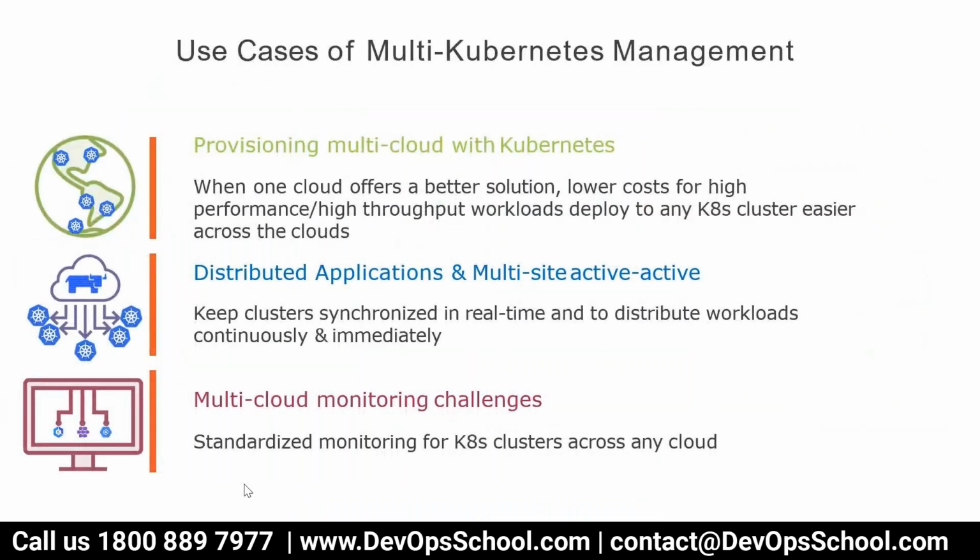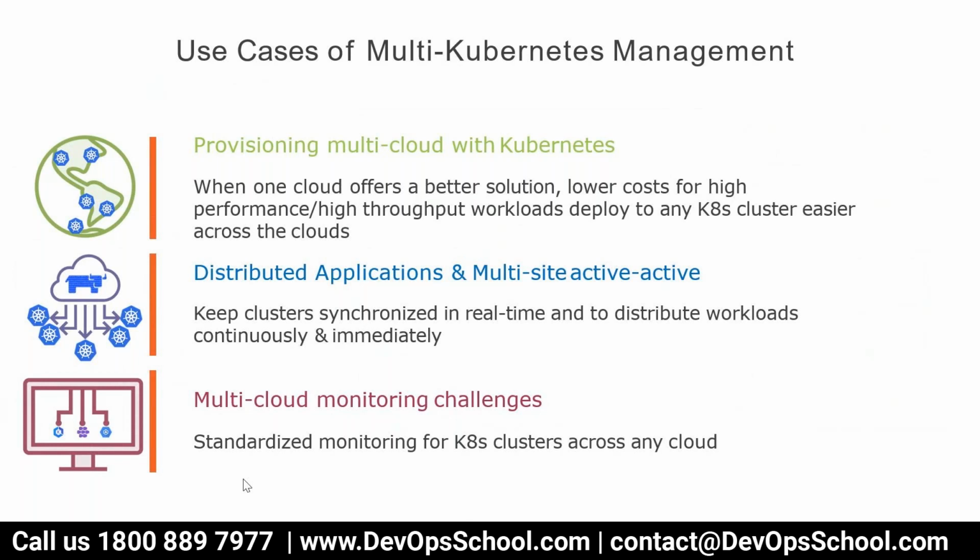Some of the use cases for multi-Kubernetes management are provisioning multi-cloud with Kubernetes. You need that functionality when one cloud offers a better solution or lower cost for high performance, high throughput workloads, deployed to any Kubernetes cluster more easily across the cloud.